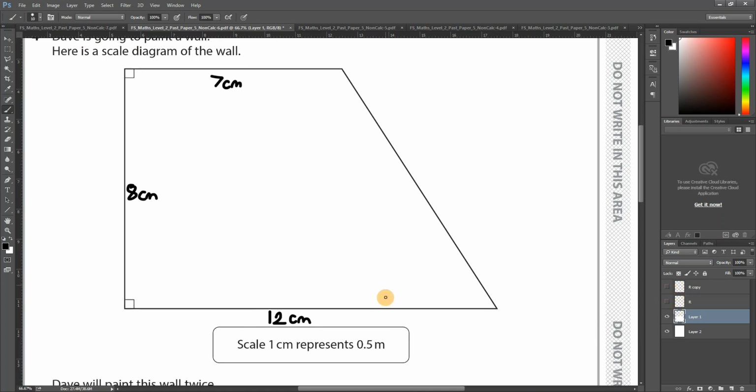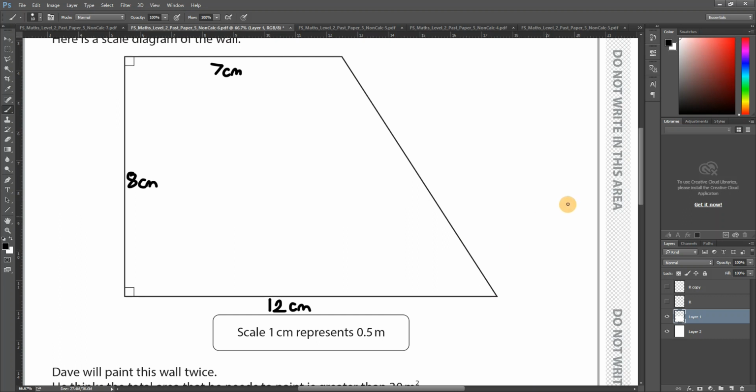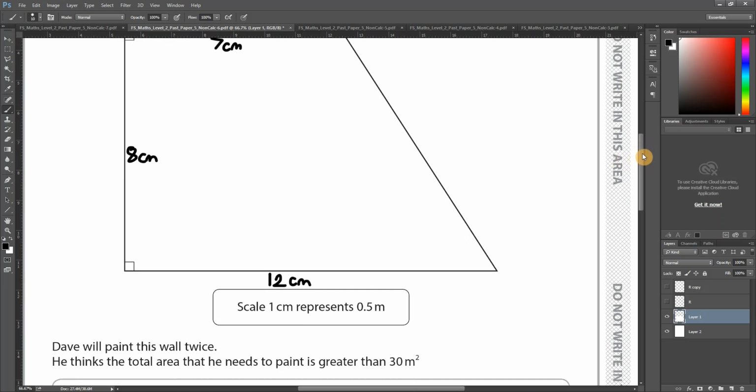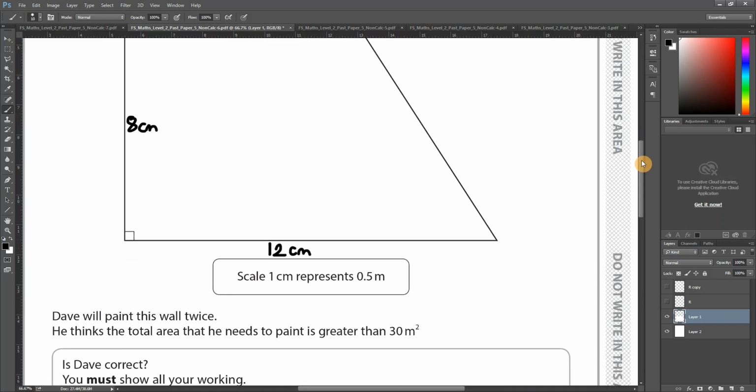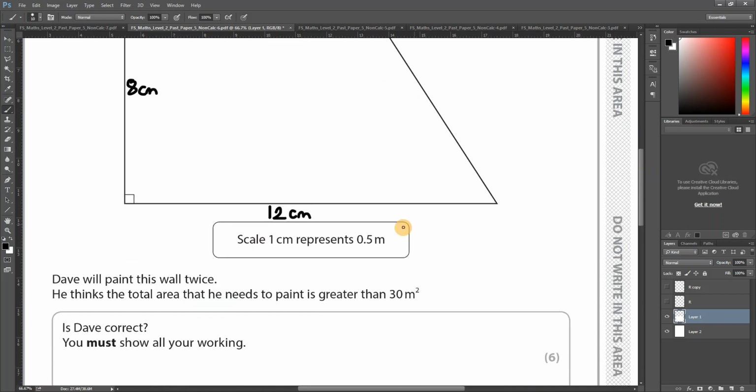Now we can work out the area. But before I do that, if I start working out the area using centimeters, I'm going to get my answer in centimeters squared, and changing from centimeters squared to meters squared is going to be a little bit messy.